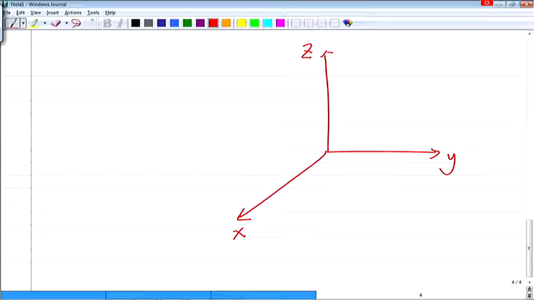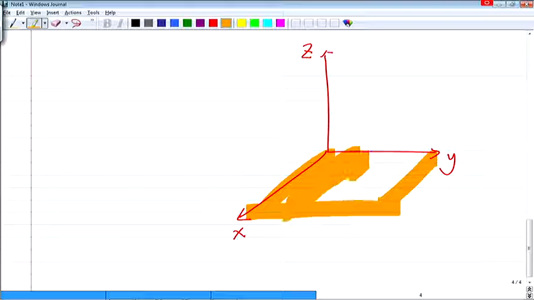Remember when we introduced vectors, we talked about 3-dimensional stuff. We introduced the X, Y, Z axes, which are the 3 standard lines that we use to construct the axes. Now, hopefully you can imagine that this portion here, the XY plane, is what we consider as a plane, a so-called base.